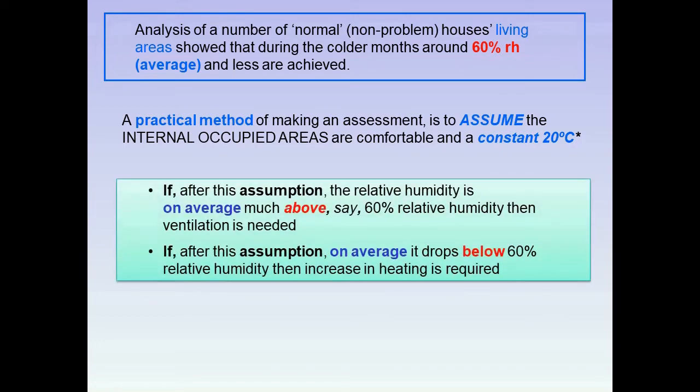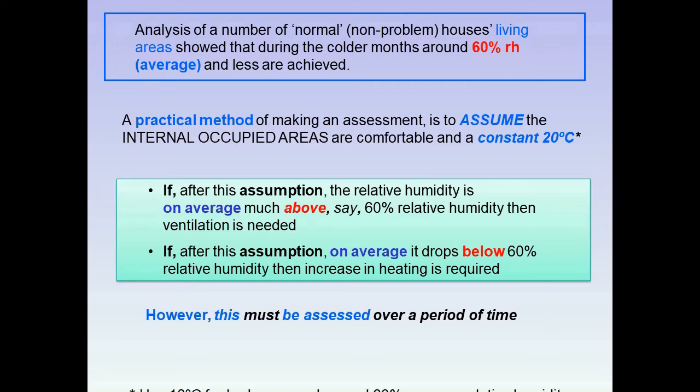If, after this assumption, the relative humidity is, on average, much above 60%, then ventilation is needed. If, after this assumption, on average, it drops below 60%, then increase in heating is required. However, you need to assess this over a period of time.